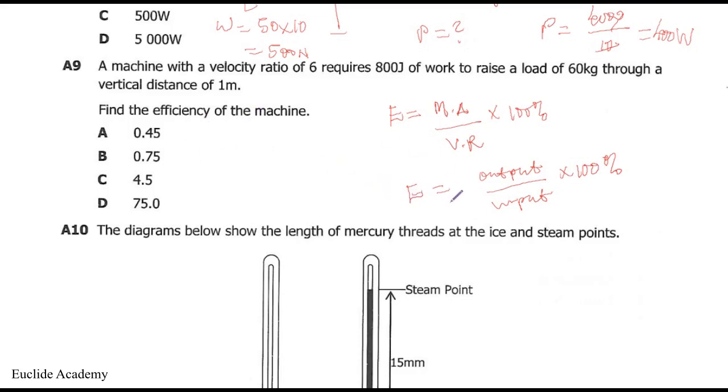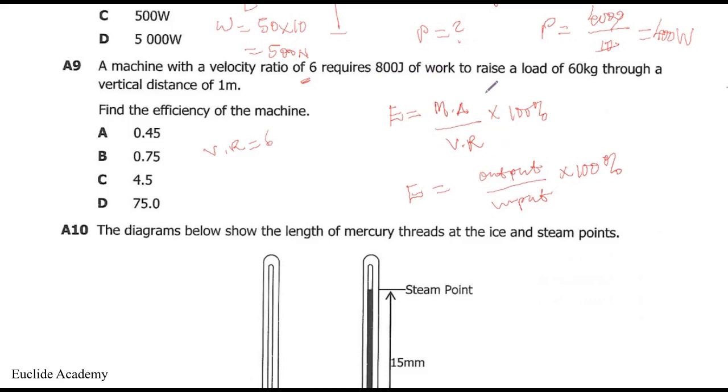As we're trying to solve efficiency, you can use any of these formulas. The question talks about a machine with a velocity ratio of 6 that requires 800 joules of work to raise a load of 60 kilograms through a vertical distance of 1 meter. Find the efficiency of the machine. So our data: a velocity ratio of 6, and 800 joules of work, which is the amount of work we put into this machine.